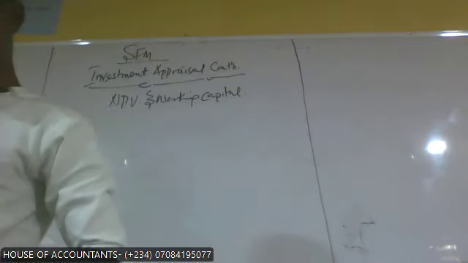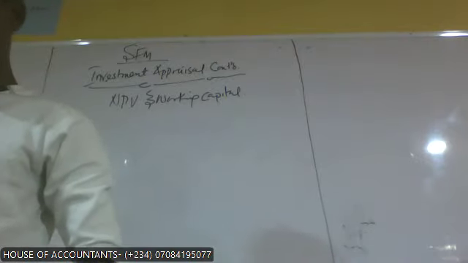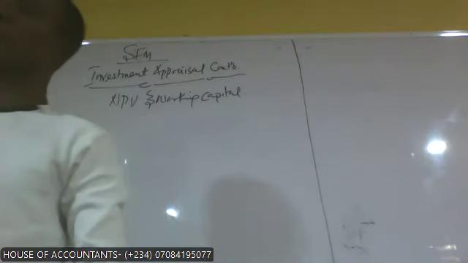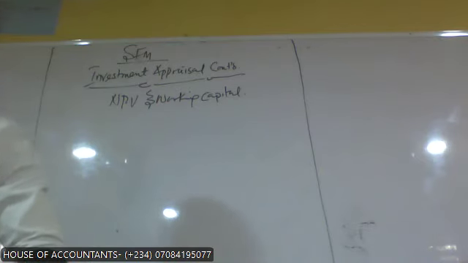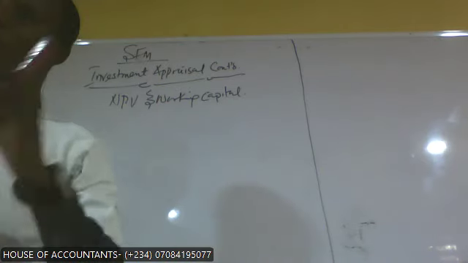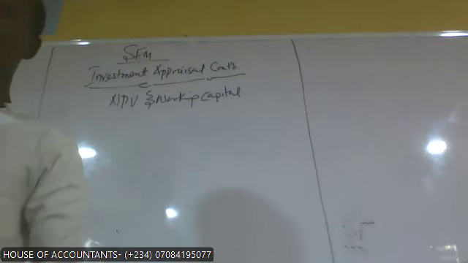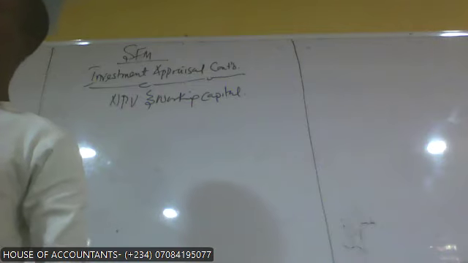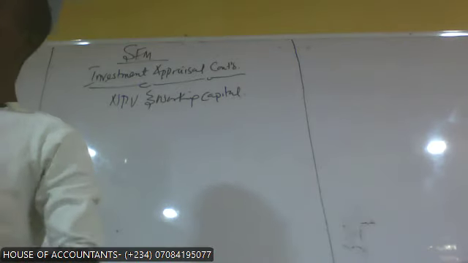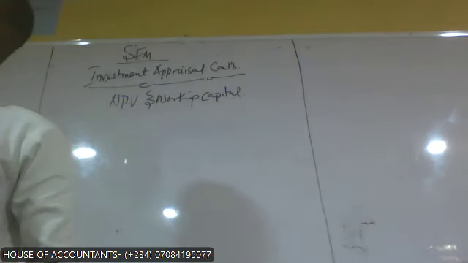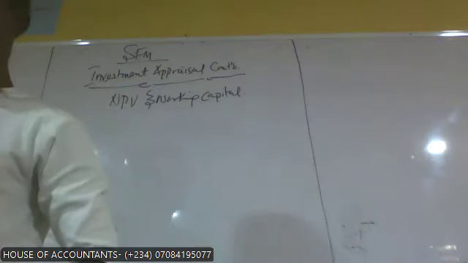Working capital, as we all know, for every project, is the capital that is needed for day-to-day operations. As you are trying to execute that project on a daily basis, you need working capital for the operations. Are we getting it now? So how do you treat working capital with respect to investment appraisal? That is what we want to look at.